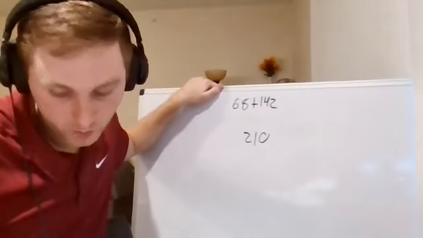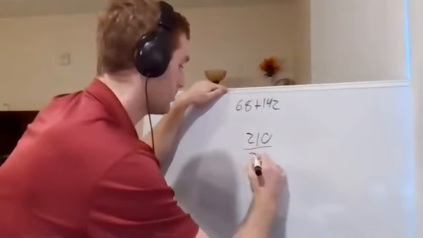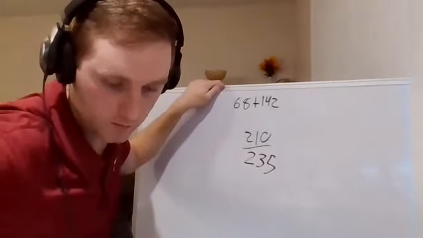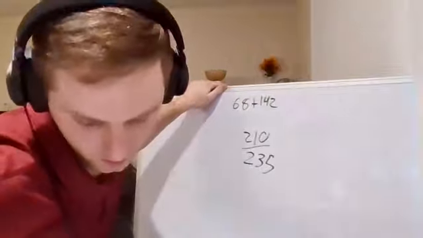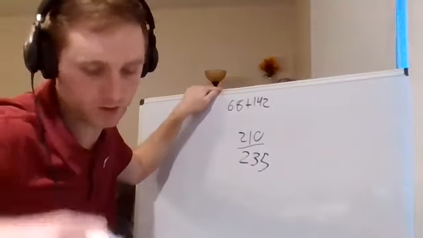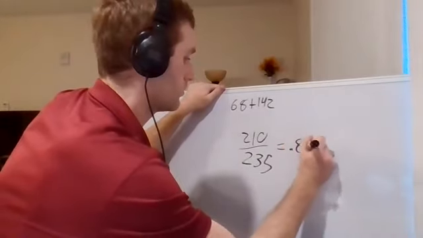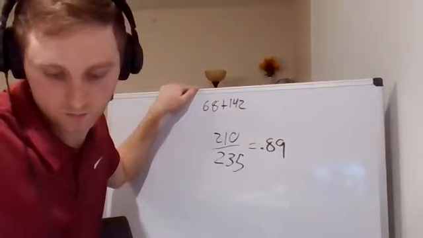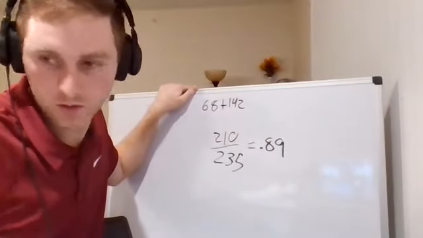So here, accounts payable, that is current liability, is 235. So we divide this by 235. And that gives us 0.8936, which is D, just 0.89. Any questions on that one?